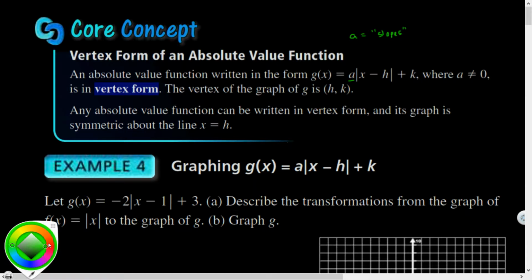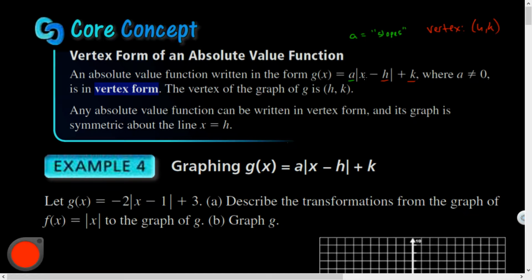And then the H and the K will represent my vertex. So H comma K will be my starting point, which might not be on the y-axis, and we're cool with that. Especially next chapter, once I do point-slope form, you'll be even cooler with it.